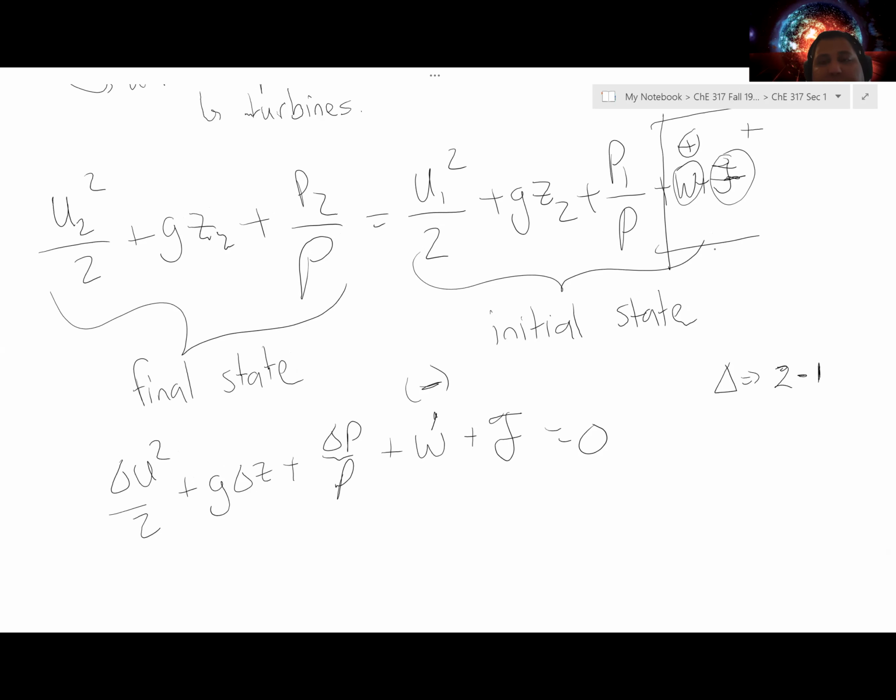Now, if we're going to use a pump to do more work, that energy should be added to the initial state to get to our final state. And if we don't have work, and we just have friction, that energy, well, actually, this will be negative, I apologize, should be removed from the initial state to get to the final state.